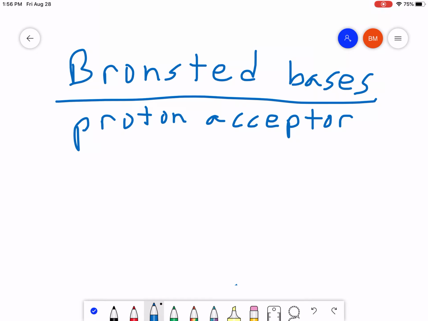And one thing in common about all Bronsted bases is that they have to have something there to actively accept the proton. So what does a positive proton, an H+, want to bond with? It wants to bond with something with extra electrons. So anything that's going to be a Bronsted base is going to have some unshared pairs of electrons and/or pi bonds, pi electrons.